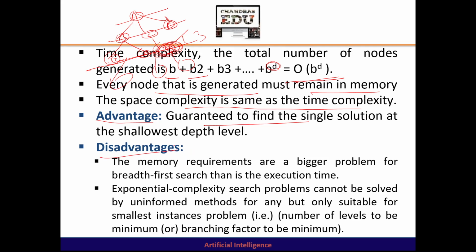Coming to the disadvantage, as I told, the memory requirement is more, and it is a bigger problem in breadth first search than the time of exploring the elements. Why? Just see here, in this example, first A will be stored, and A will be expanded, that is, B, C, D will be stored.